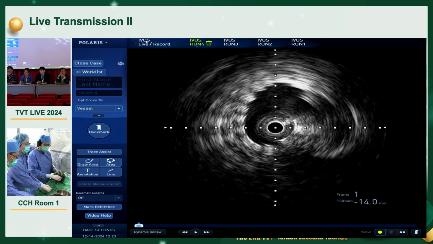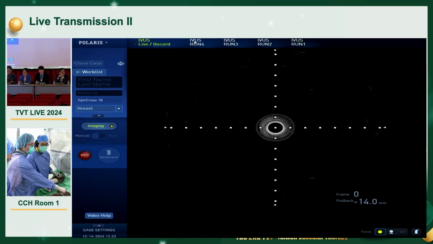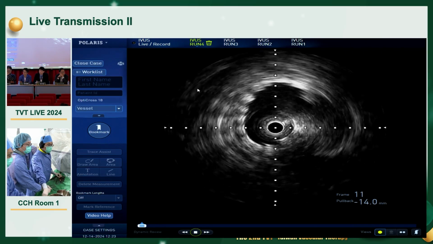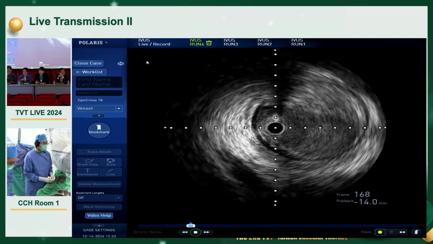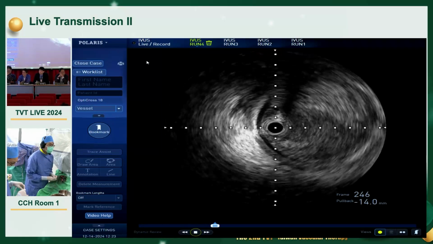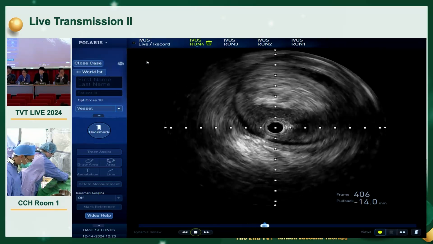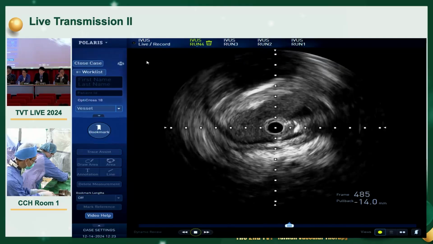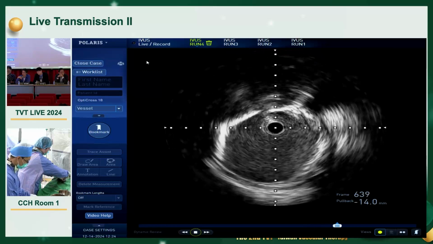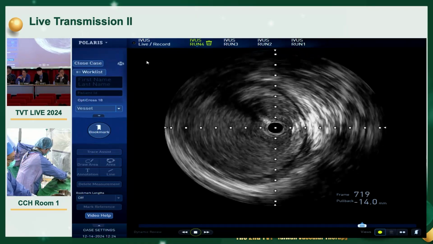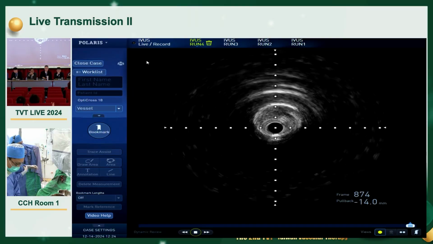IVUS. Play the one from just now. Okay. This is proximal femoral. I think maybe the wire is true, false, true. Proximal.